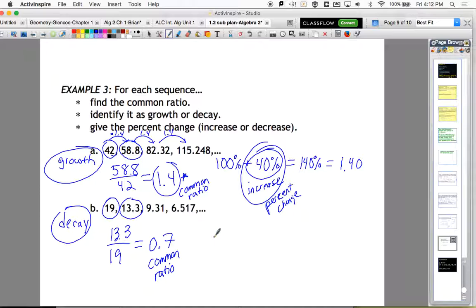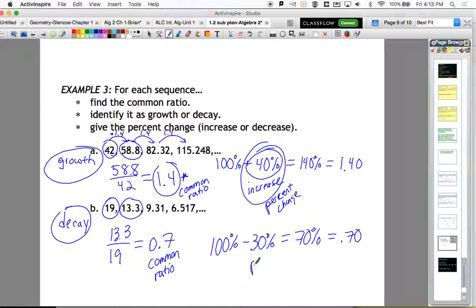And in order to get 7/10 as the common ratio, again, if we start at 100%, how would we get to 0.7? Well, we would be losing what percent? We'd be losing 30%. That gets us down to that 70% or 0.70 common ratio.